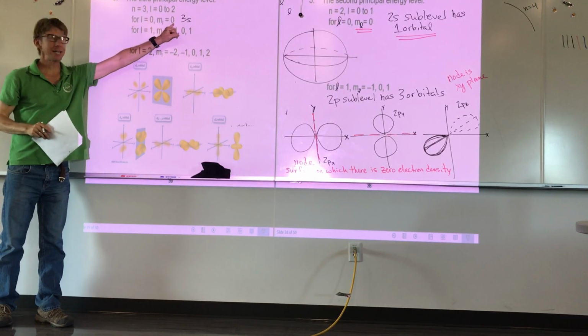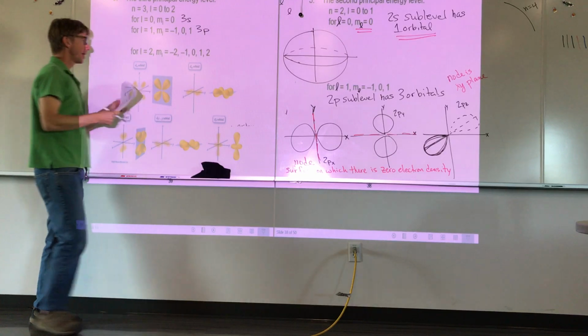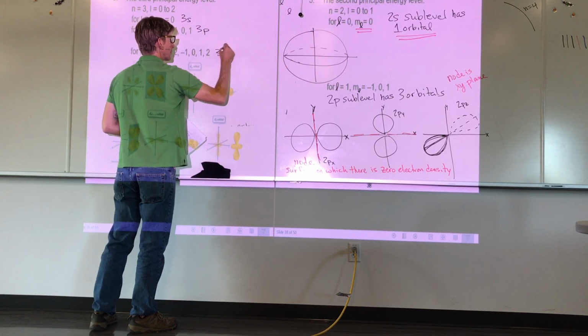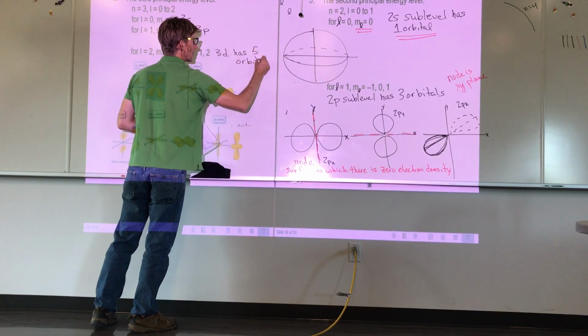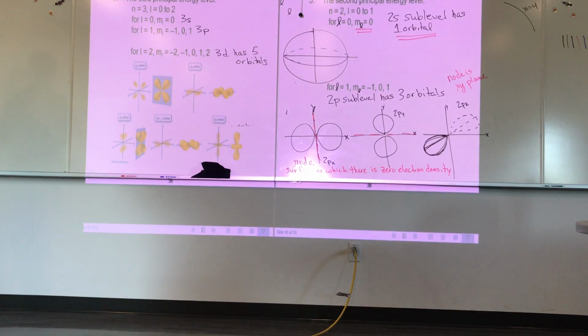Here we are with 3s, here we are with 3p, and here we are with what's called 3d. 3d has 5 orbitals, they're pictured here. I will not ask you to draw d orbitals, I will only ask you to recognize them.